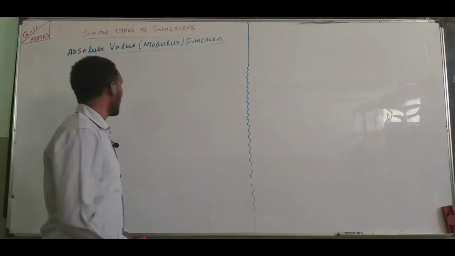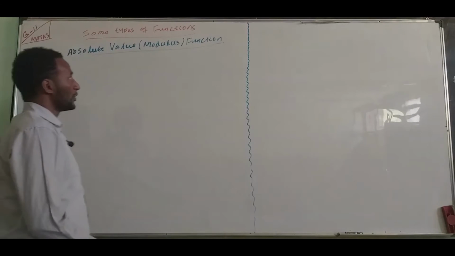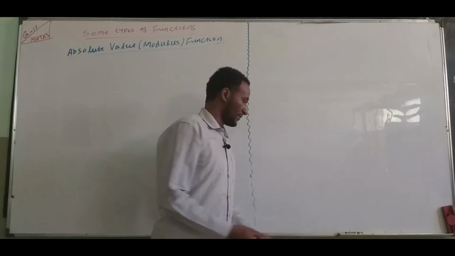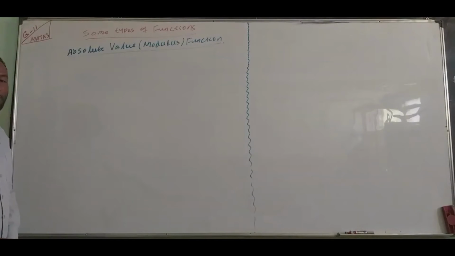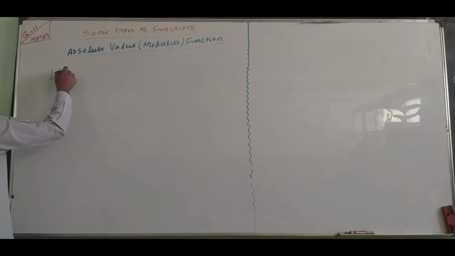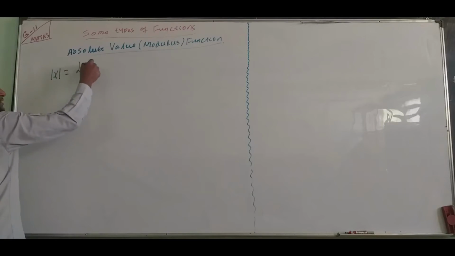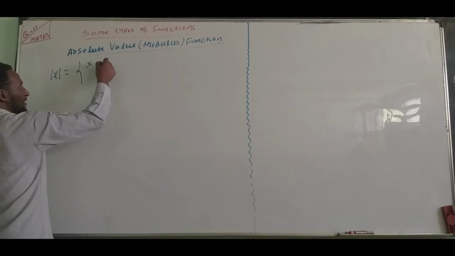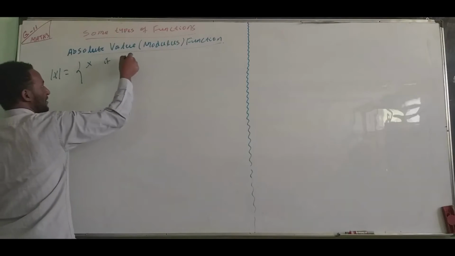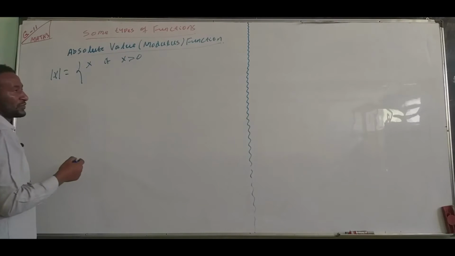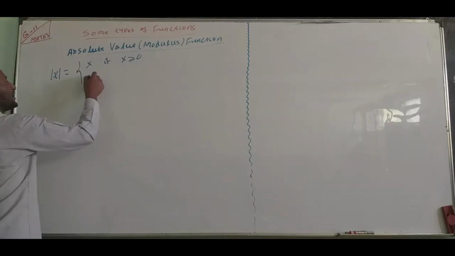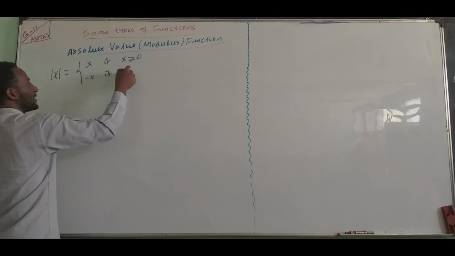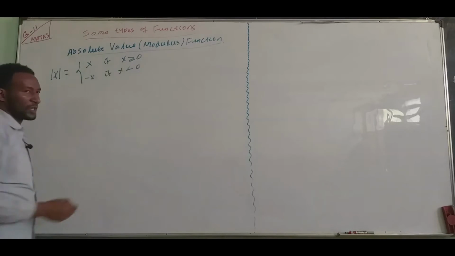Let us see the absolute value or modulus function. The absolute value of x is defined as x if x is greater than or equal to 0, and negative x if x is less than 0.